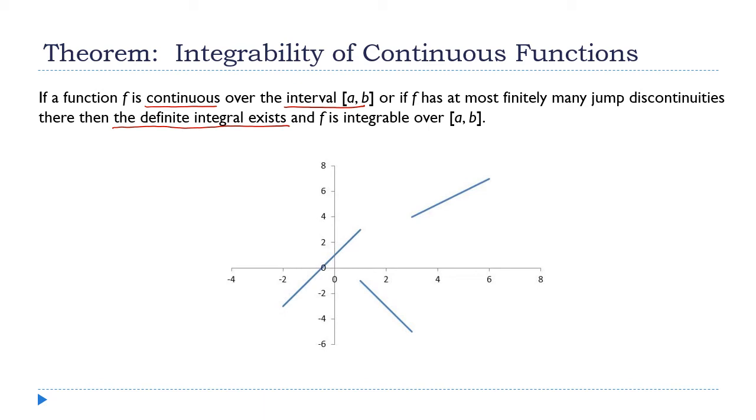Now, there is this exception. If our function has at most finitely many jump discontinuities, remember, that's like I have in the diagram here, where there's this gap, if it's got finitely many of those jump discontinuities, then we're actually still okay. Then the function is still going to be integrable. The limit still exists.